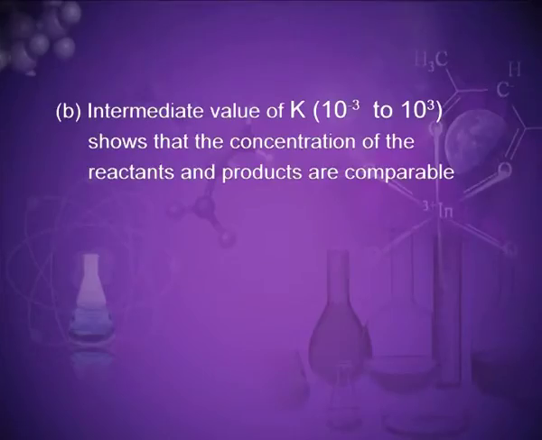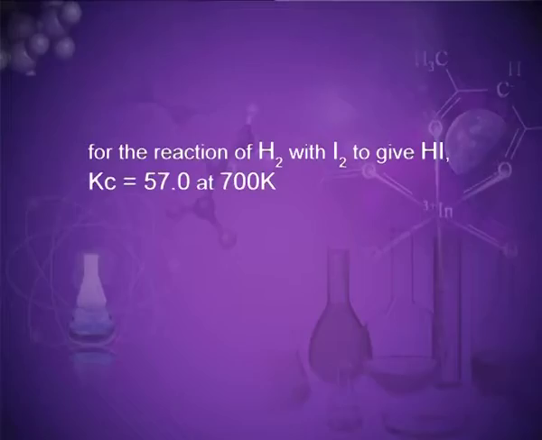The second case, B, is an intermediate value of K between 10 to the power minus 3 and 10 to the power 3, which shows that the concentrations of the reactants and products are comparable. Consider the following example. For the reaction of hydrogen with iodine to give HI, Kc is 57.0 at 700 Kelvin.